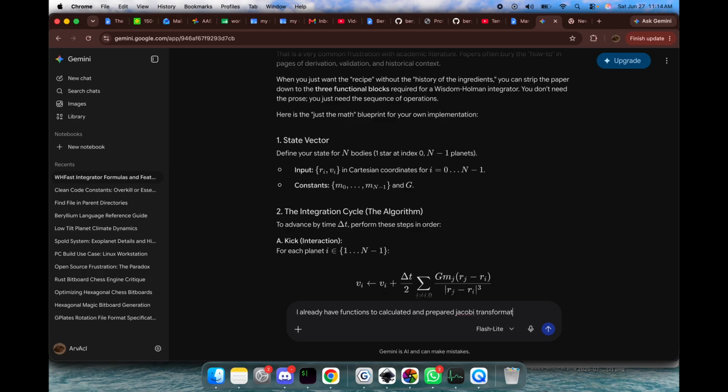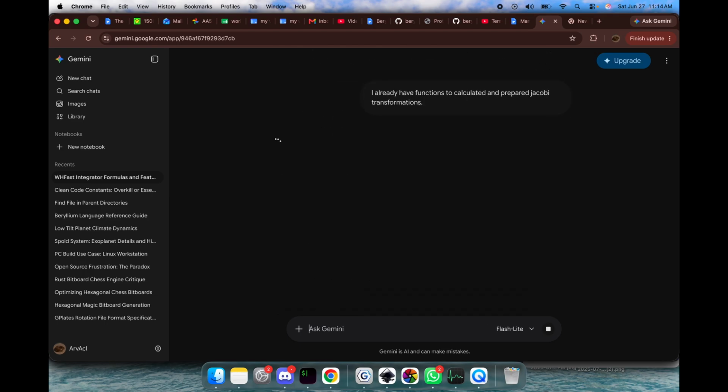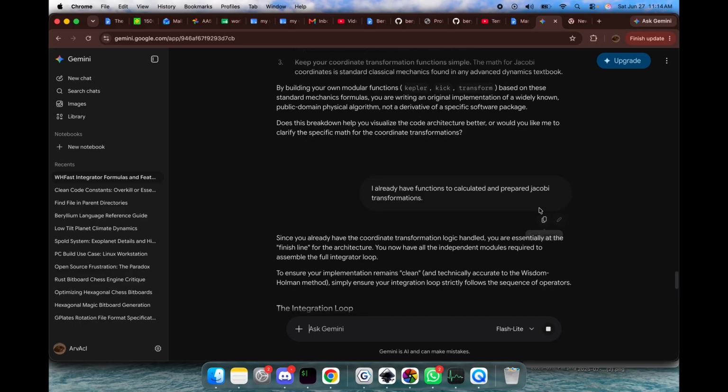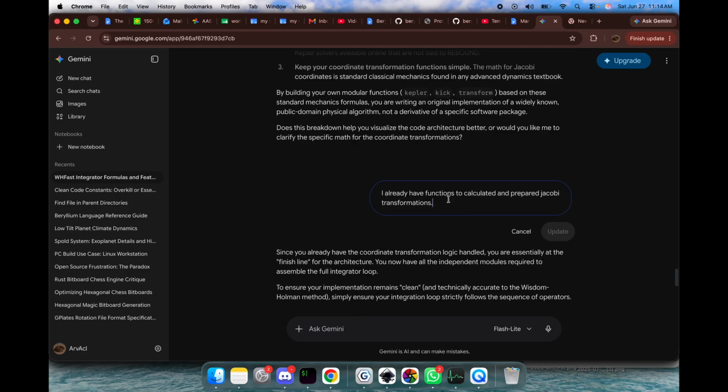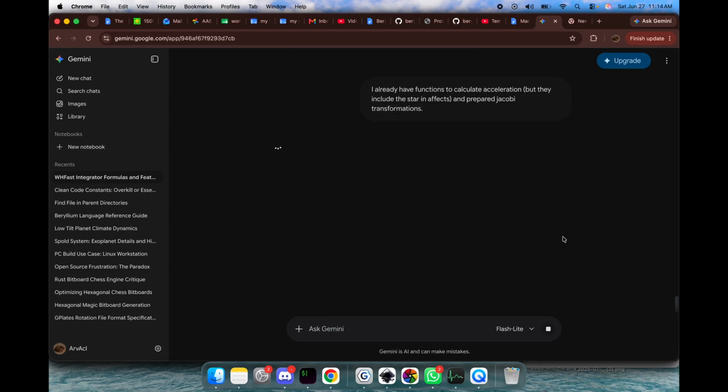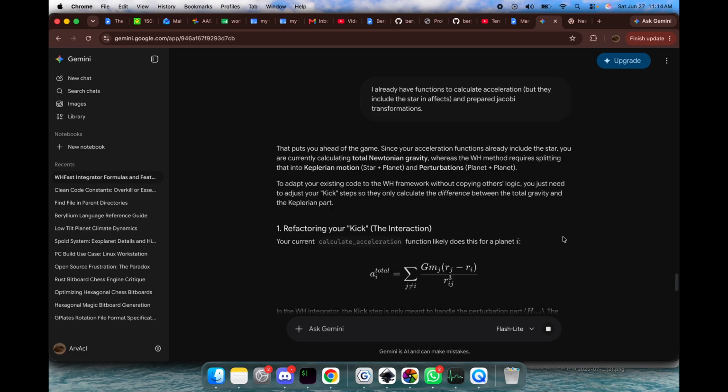So this is gonna be a bit easier. Okay, I kind of screwed this up from talking. Functions to calculate acceleration, but they include the star and effects. Yeah, that might cause an issue. I don't know.